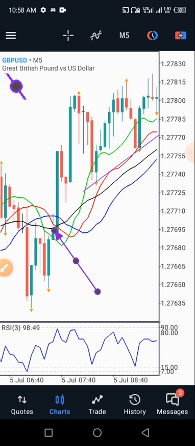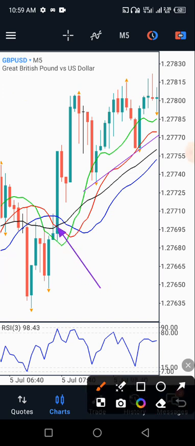When price has crossed above the black moving average, what we want to do next is to wait to see our retracement level. When we see price cross above this particular black level here, we want to come down to our RSI.